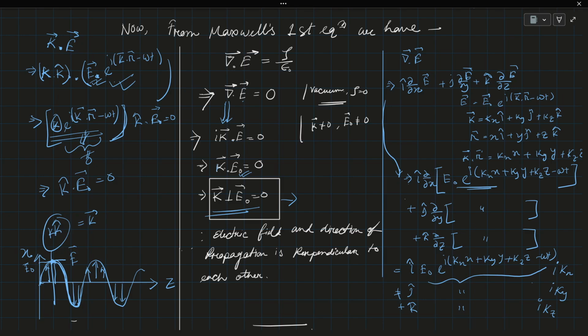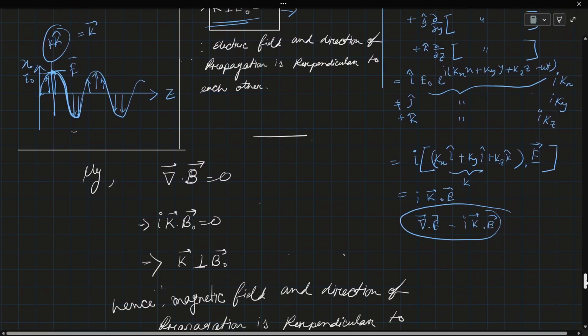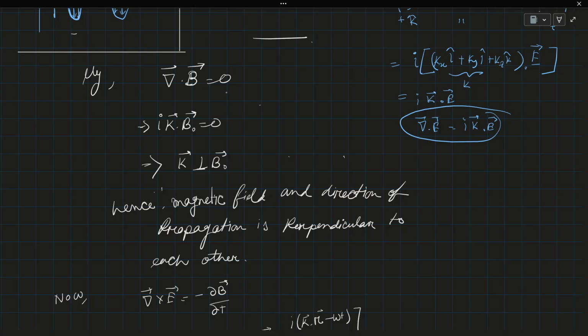Similarly, I can show that the magnetic field and the direction of propagation are perpendicular to each other. So let's now move to that point. From the Maxwell equation, we have del dot B equals 0. This is the proof. From this, I can replace del with ik.